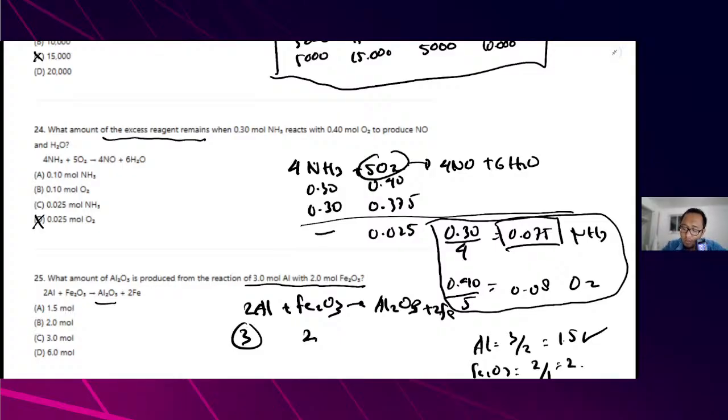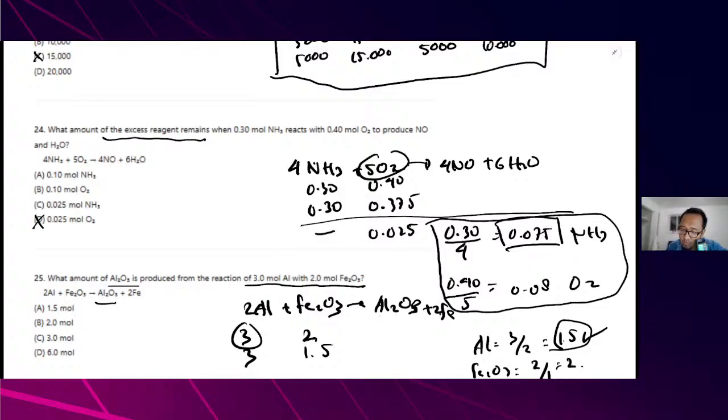Now we just plug in this number. This should be 3, and this one should be 1.5. What's the amount of Al2O3 produced?